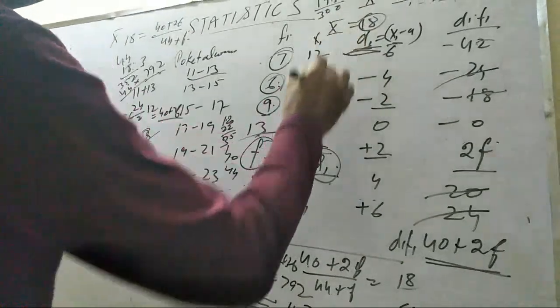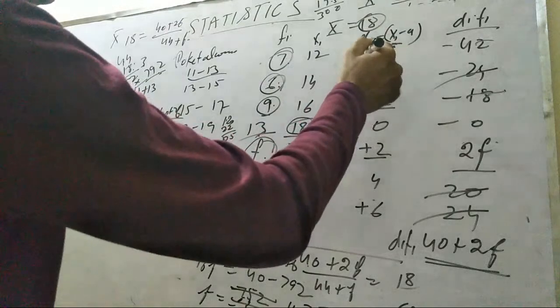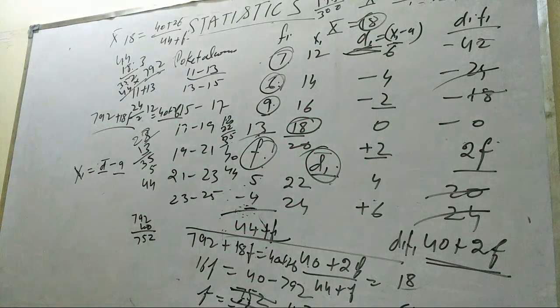Our x1 is 18, and we do not need to assume here; we use the direct method.